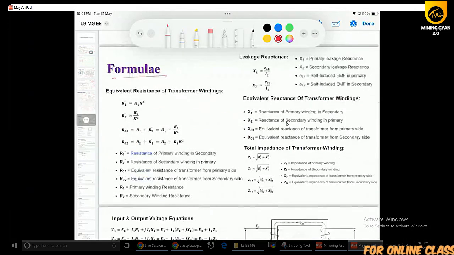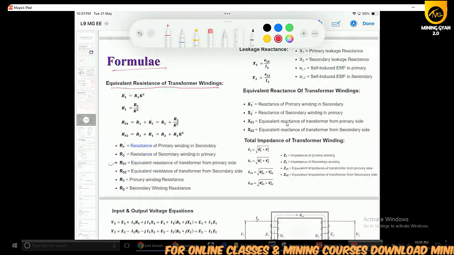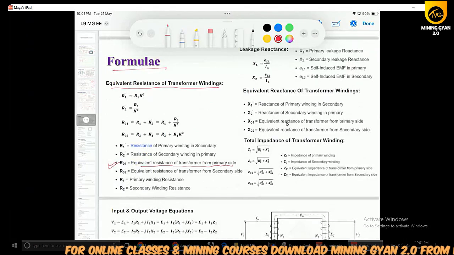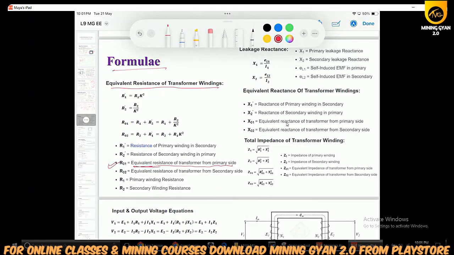First of all, we want to calculate the equivalent resistance of the transformer windings. Okay, then let us say, for example, we want to calculate the equivalent resistance of the transformer from the primary side. So we have to refer the secondary side resistance to the primary side.